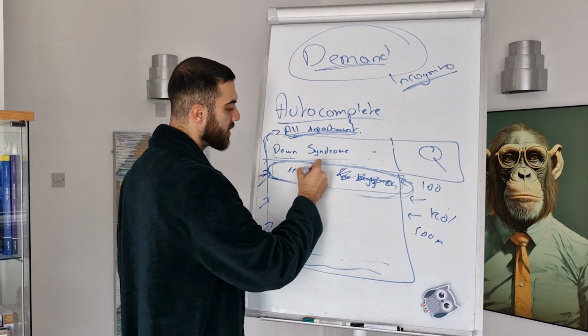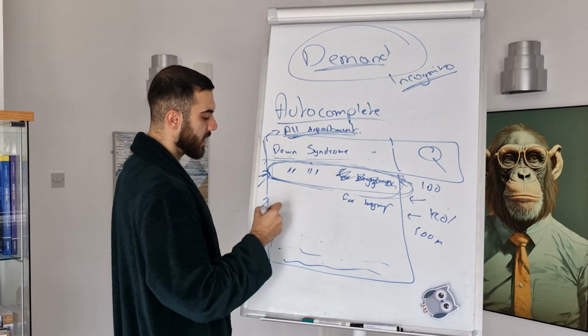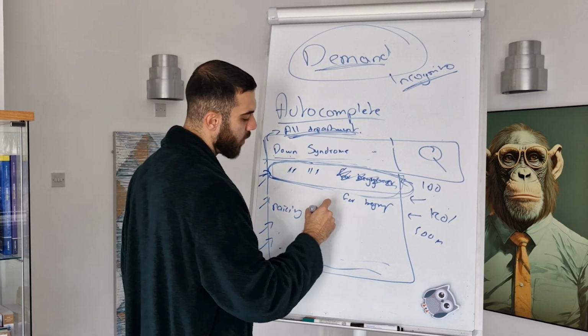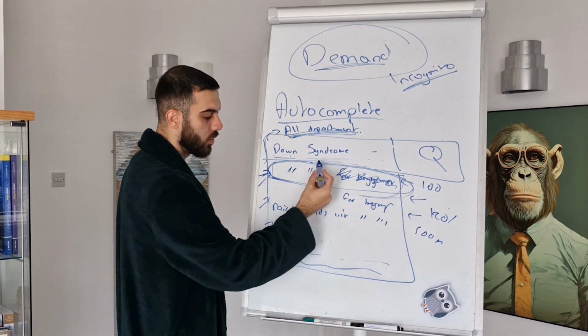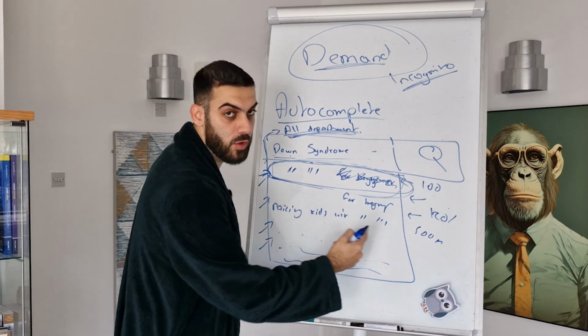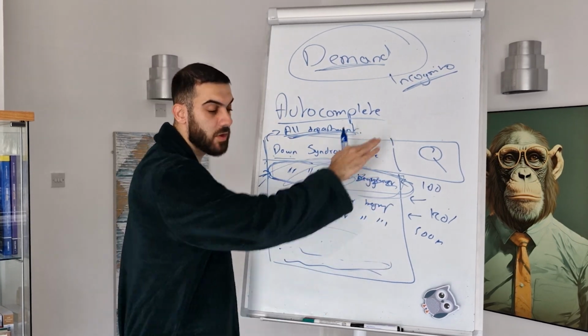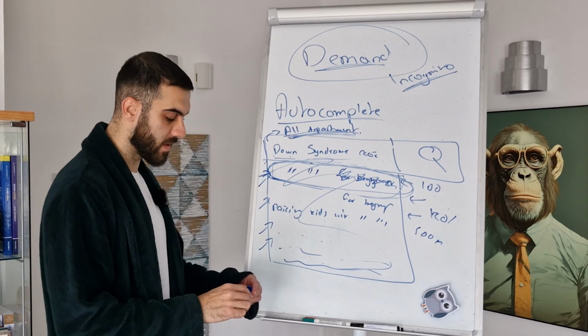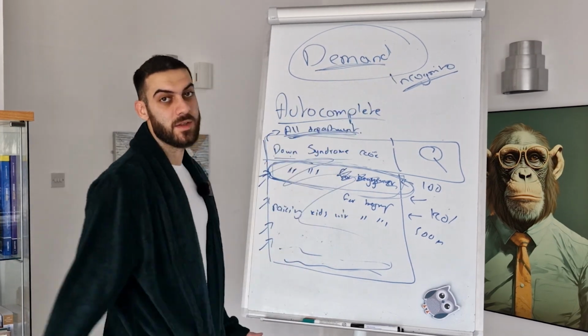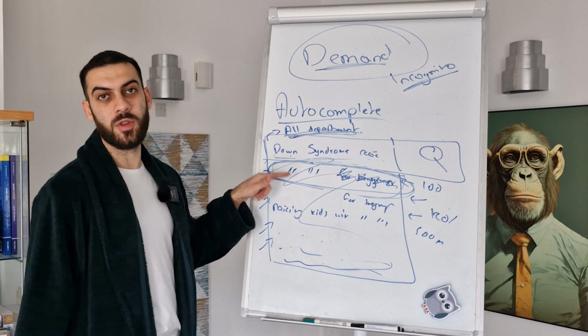It says Down syndrome for beginners, or raising kids with Down syndrome, and all the autocomplete features don't have cookbook. If I type in cook, there's nothing in the autocomplete. An autocomplete doesn't even come up. What does that mean? That means there is no demand because the keywords aren't popping up on the autocomplete.